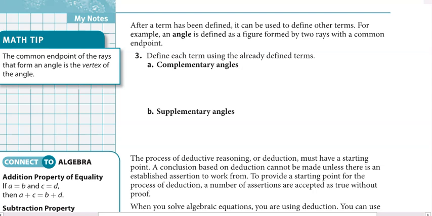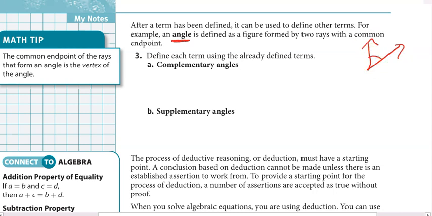Hopefully you remember that complementary angles are 2 angles that add up to 90 degrees. So if we know what an angle is, it's formed by 2 rays with a common endpoint. So here's a ray, creates an angle right there.